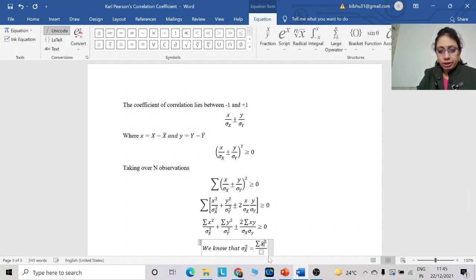Instead of standard deviation of x square, we'll now write summation of x square by n.